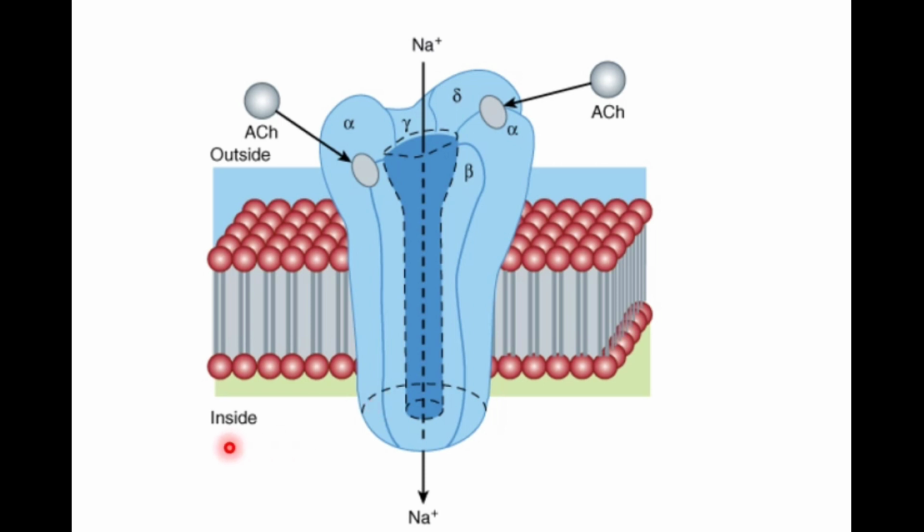This diagram shows nicotinic cholinoceptor. Nicotinic receptors are directly coupled to sodium channel. As you see in this diagram, nicotinic receptors are situated on alpha subunits of receptor complex.